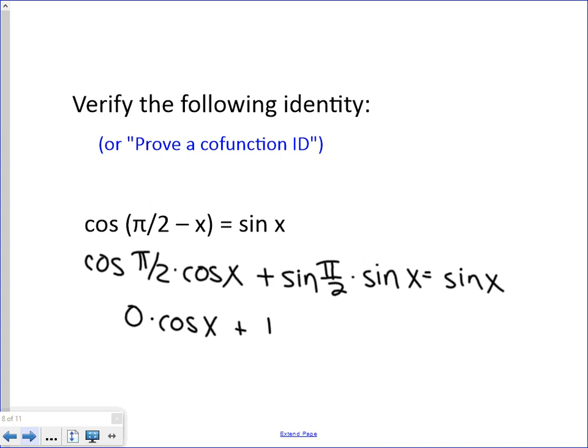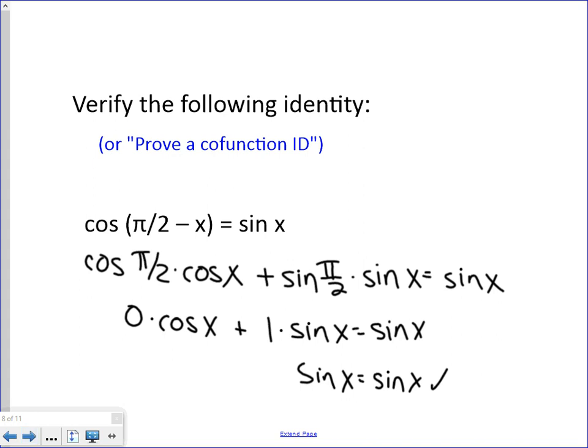The sine of pi halves is 1. Simplify, and you get sine x equals sine x. You have verified the identity. Okay, so that kind of takes us back to what we did in section 1 and section 2. Any questions there?